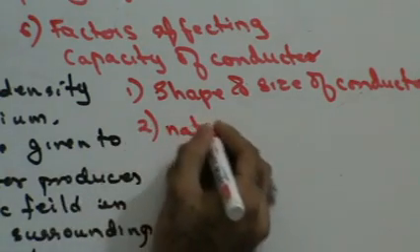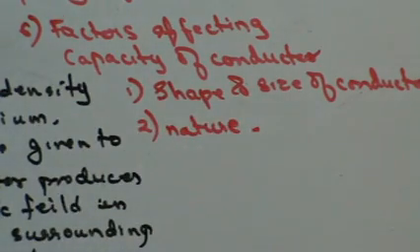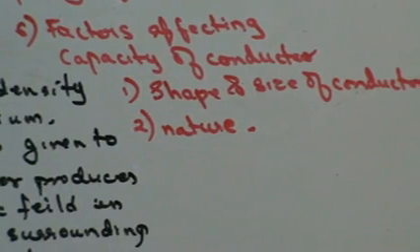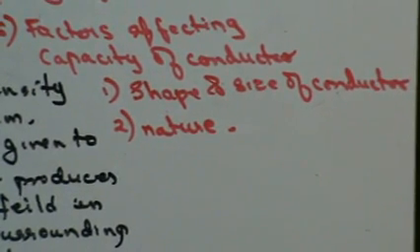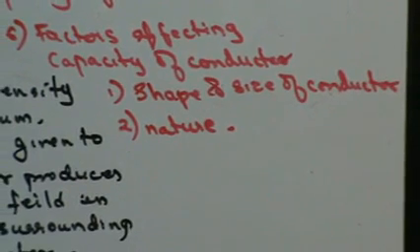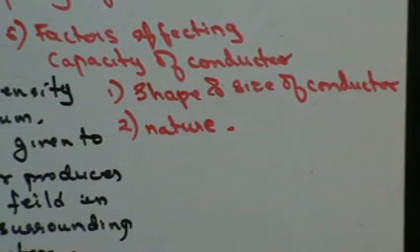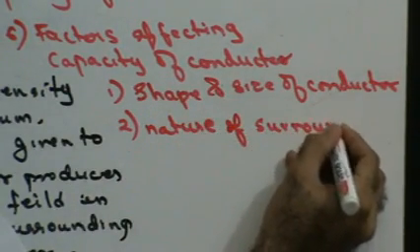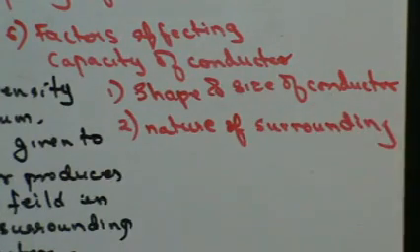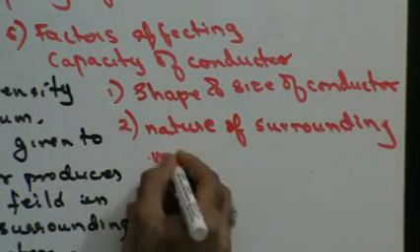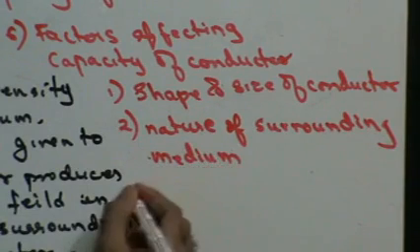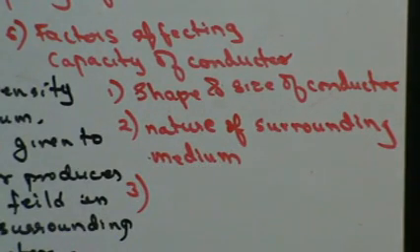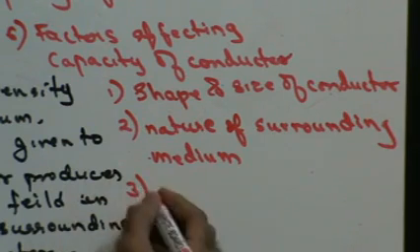Why have you written condenser? See, capacity of conductor or condenser is the same thing, right? Now, shape and size of the conductor, nature of the surrounding medium. Next, presence of other charged body near the conductor.